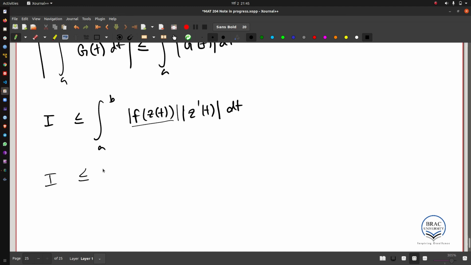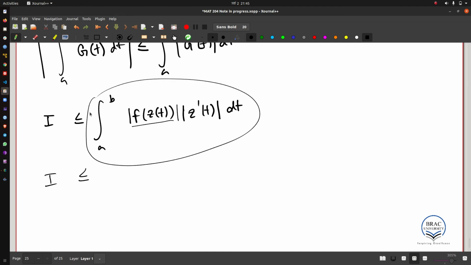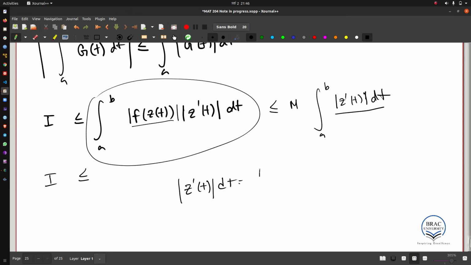So the modulus of I is less than or equal to M times the integral of the modulus of z prime of t dt. Now what is this? This is nothing but the arc length. Why? Because z prime of t dt, if you take its modulus, z prime is x prime of t plus i y prime of t. All these primes are just derivatives with respect to t. And what is modulus?